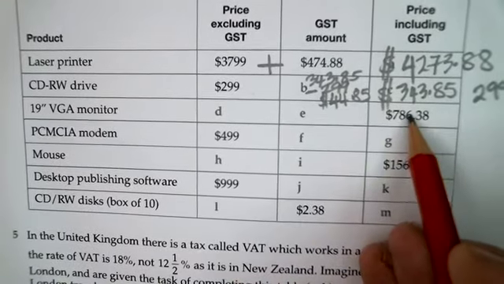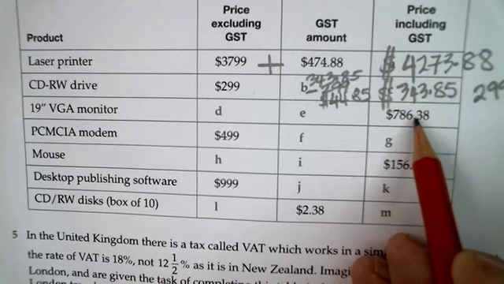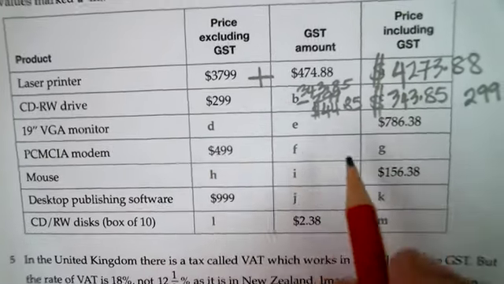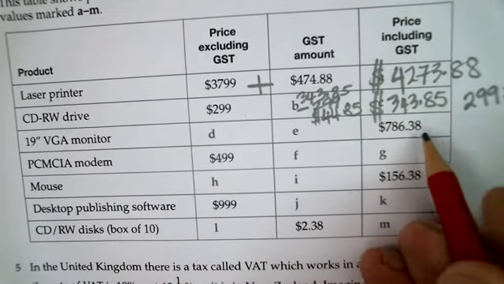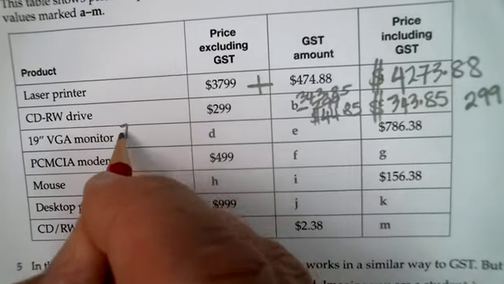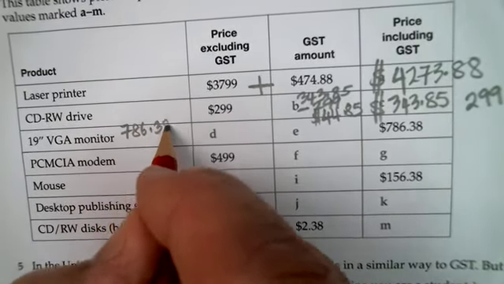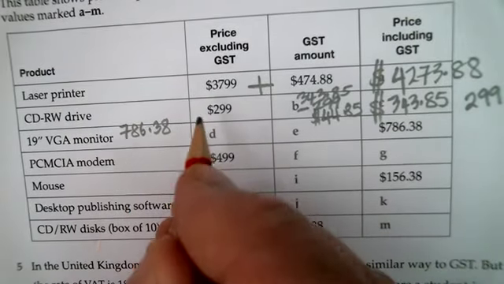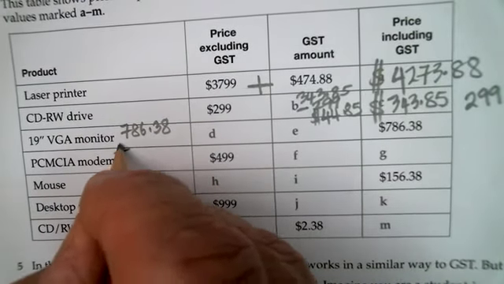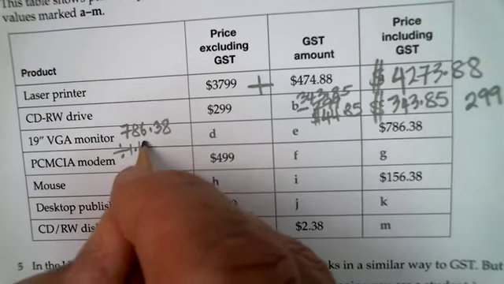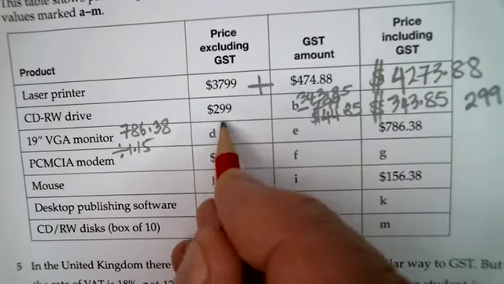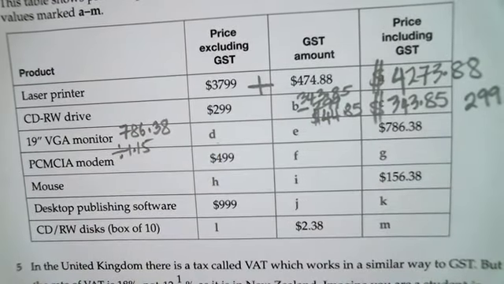All right, so let's take this price here. We're going to divide by 1.15 to get the original price. So I'm going to take 786.38. I'm going to divide by 1.15, and that's going to give me the excluding price. So let's do that now.